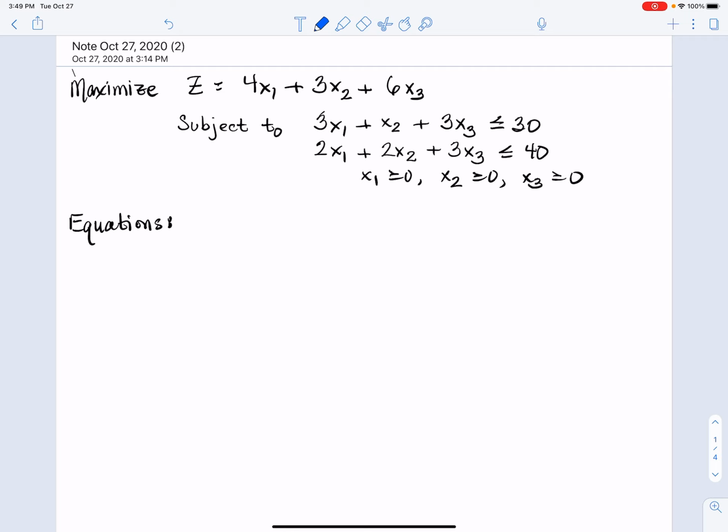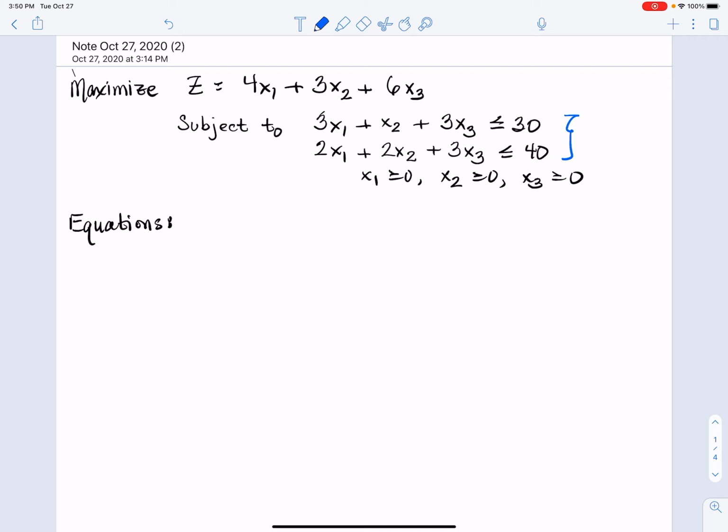So the first thing to do in any simplex problem is to convert the inequalities to equations, which means introducing slack variables. Remember that there are 2 inequalities as constraints in this problem, so we're going to have to introduce 2 slack variables.